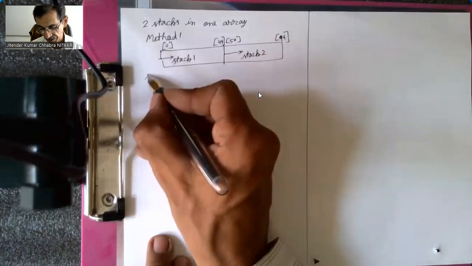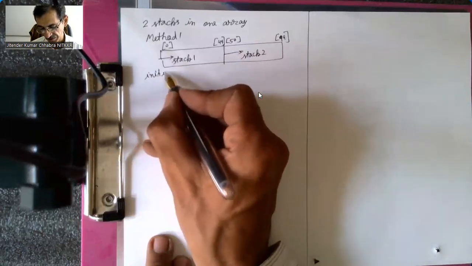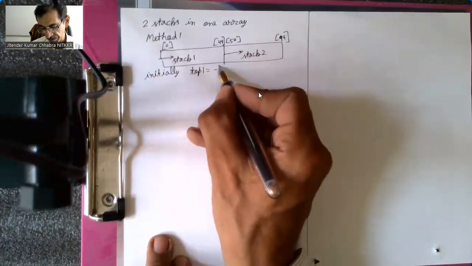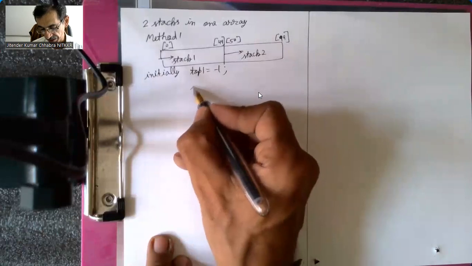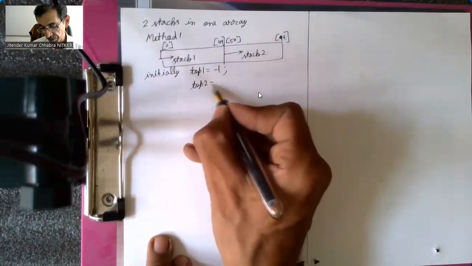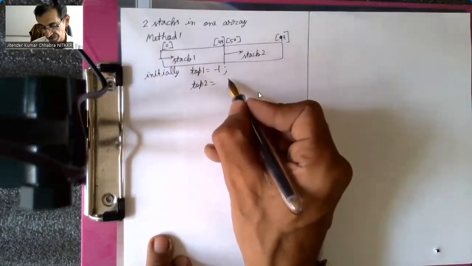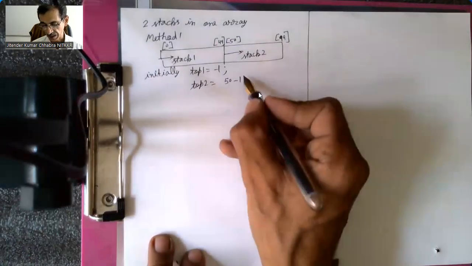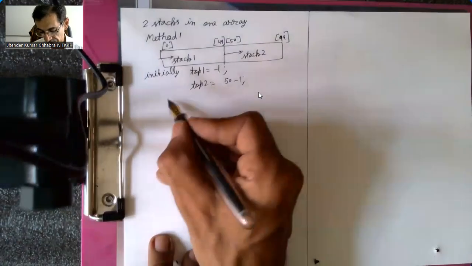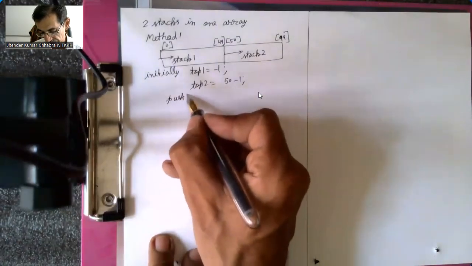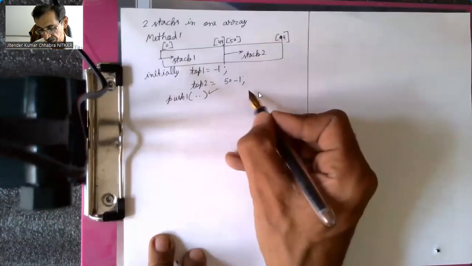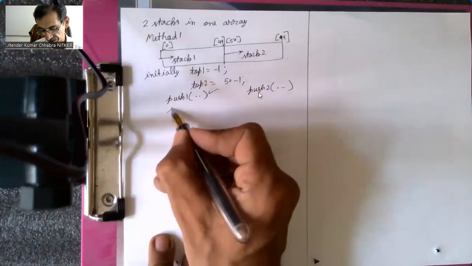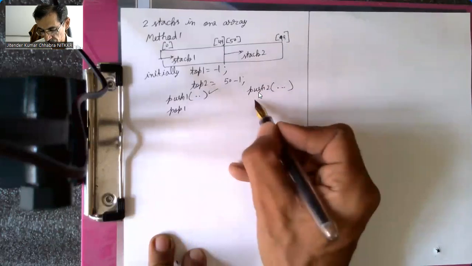That will mean initially, I can easily say that top 1 will be declared as -1 and top 2 will equivalently be declared as 50 minus 1. And accordingly, my push 1 and push 2 can be declared and implemented. And similarly, pop 1 and pop 2 also.